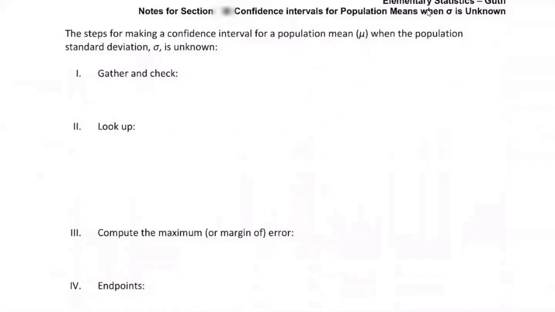All right, so go ahead, the gather and check. It's the same rules. You still need the sample means to come from a normal distribution. So we need to check that n is greater than 30 or the population is normal.